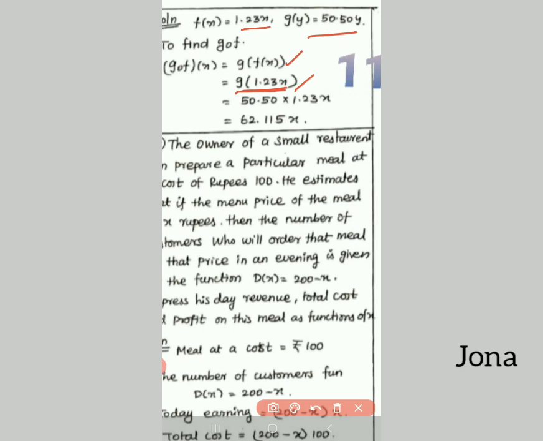So in the place of y, I want to substitute these things. So here 50.50 into, for y I have to substitute 1.23x. So multiply, you will get this one. This is the rate of American dollars in terms of Indian rupees.